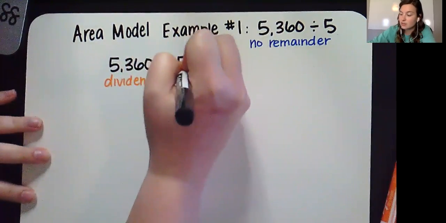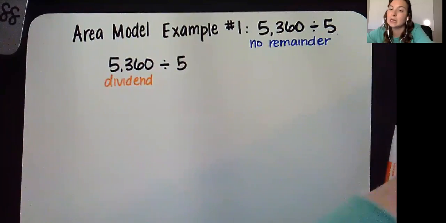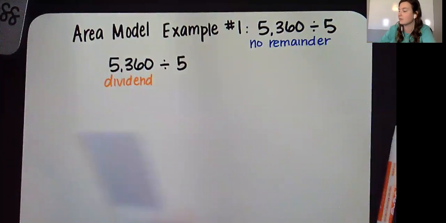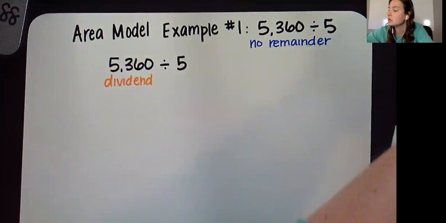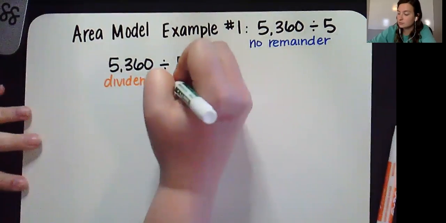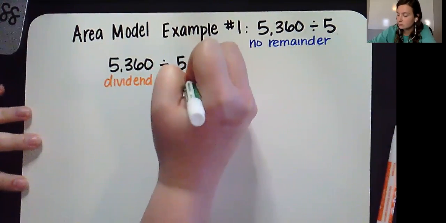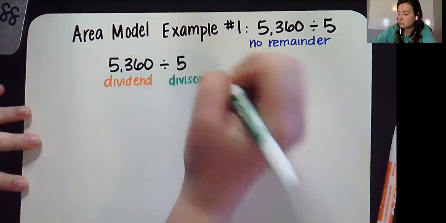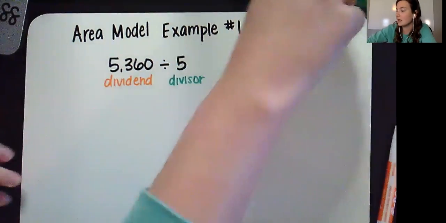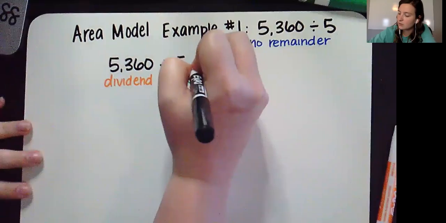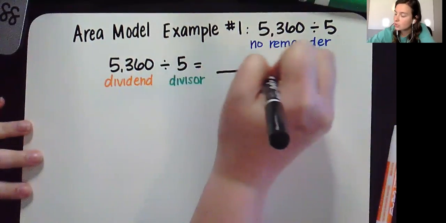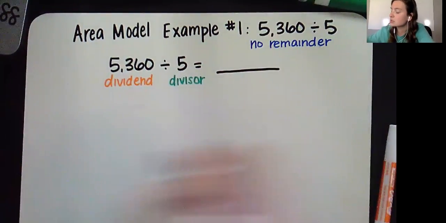So the number you are dividing with, whether you are making groups of 5 or making 5 groups, is your divisor. And then the answer to our division problem, which we don't know yet, is our quotient.